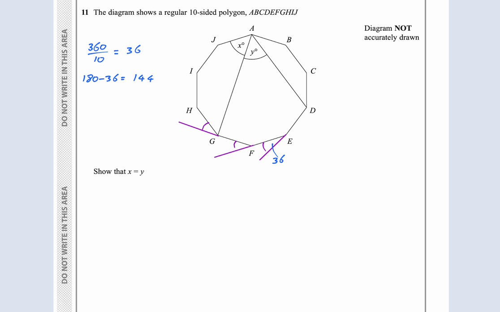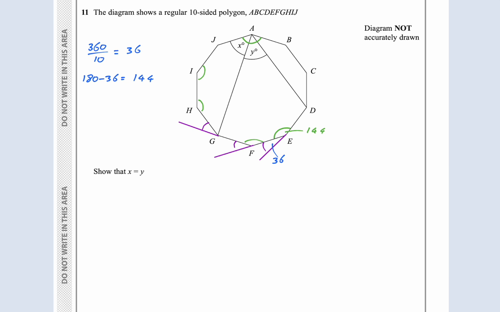And that gives us the interior angle, because the 36 plus the interior angle equals 180, because it's a straight line. So this is 144. But that means all these interior angles are 144. I won't do them all, but importantly, this one is 144.